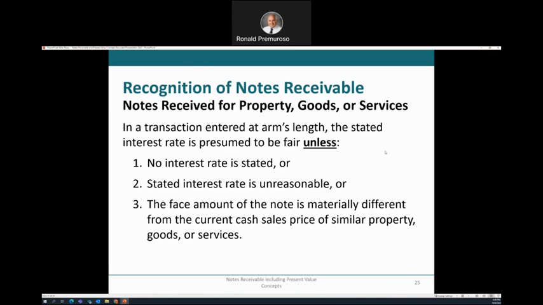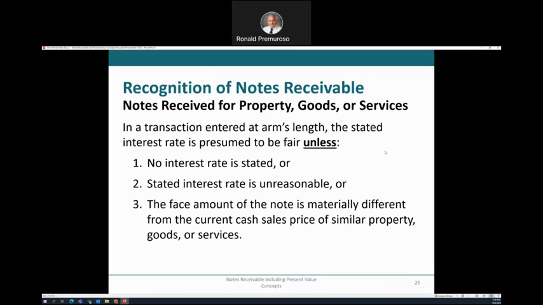So we went through that already, right, on the previous slides, the zero interest bearing note, or number two, the stated interest rate is unreasonable under the circumstances. An example of unreasonable would be a 2% stated rate when the prevailing market rate on that same date is 9%. That's clearly unreasonable.